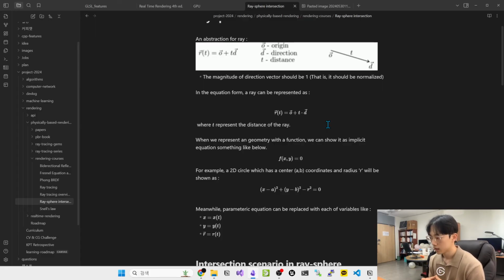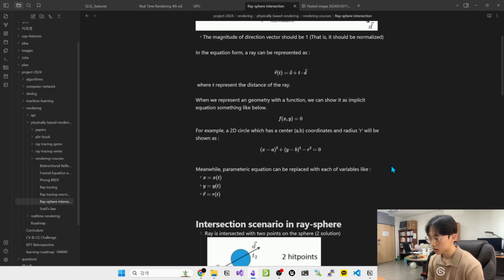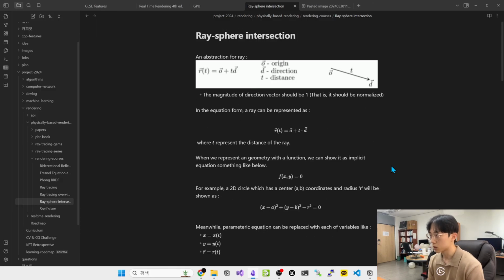If we use the implicit equation for the geometry, then we need to set up the equation relationship between the ray and a certain geometry. But in this lecture, we are just concerned with the ray sphere intersection.